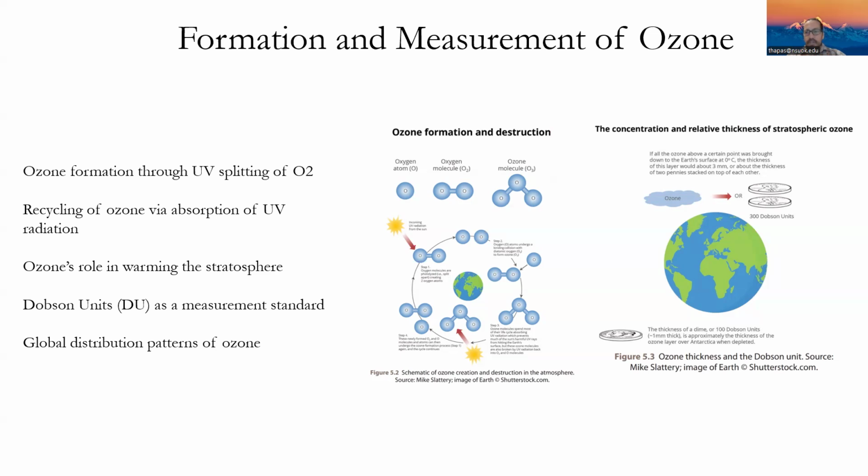Scientists measure total ozone in Dobson units with a global average of about 300 Dobson units. The second figure illustrates that ozone is not most concentrated over the tropics, but is transported poleward, creating higher levels in cooler latitudes.